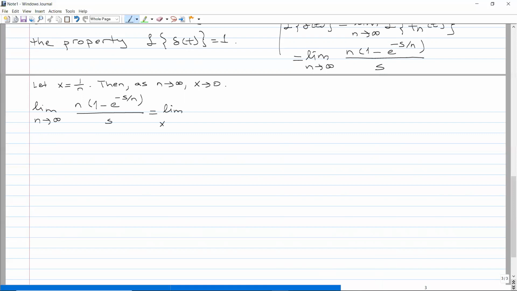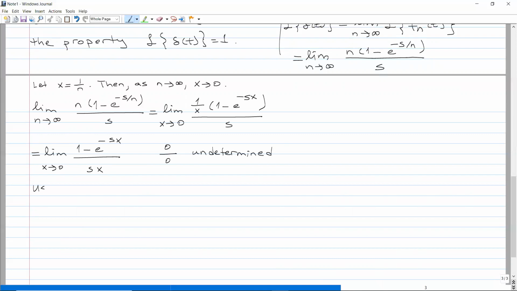Instead of n, I write 1 over x, and x goes to 0. 1 minus e to the minus s times 1 over n, but 1 over n is x, so I can write this as 1 minus e to the minus sx over sx. So this limit is on x, and as x goes to 0, e to the 0 is 1, so the numerator goes to 0, the denominator goes to 0, so this limit is of the 0 over 0 undetermined type.